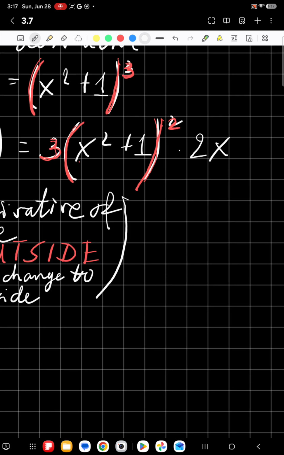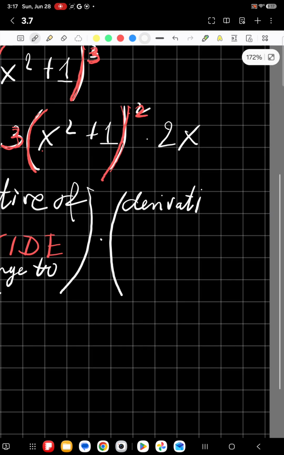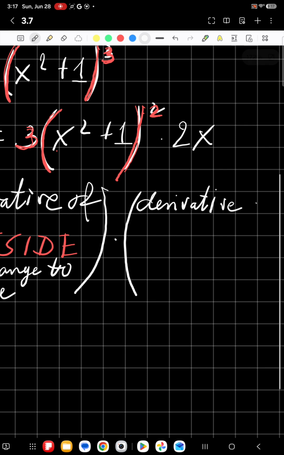Now it's multiplied by the derivative of the inside.